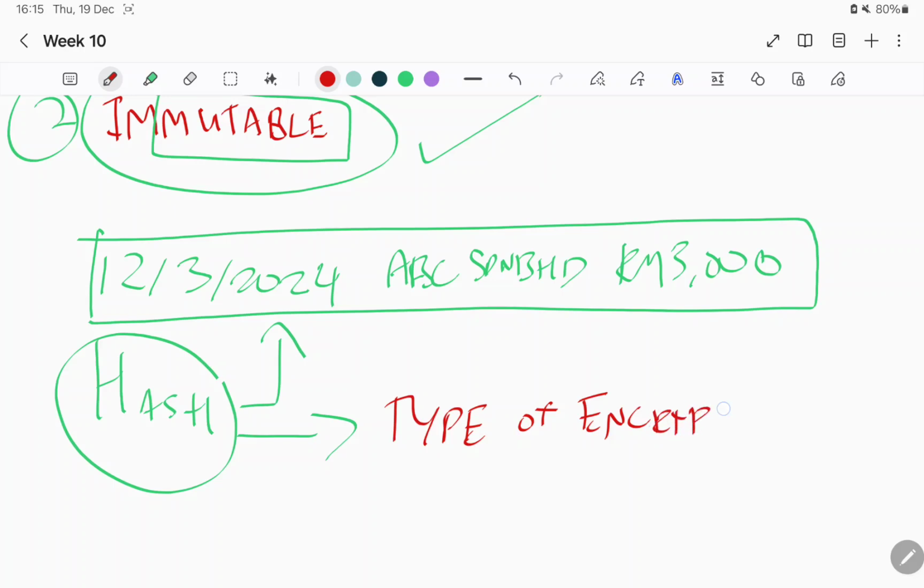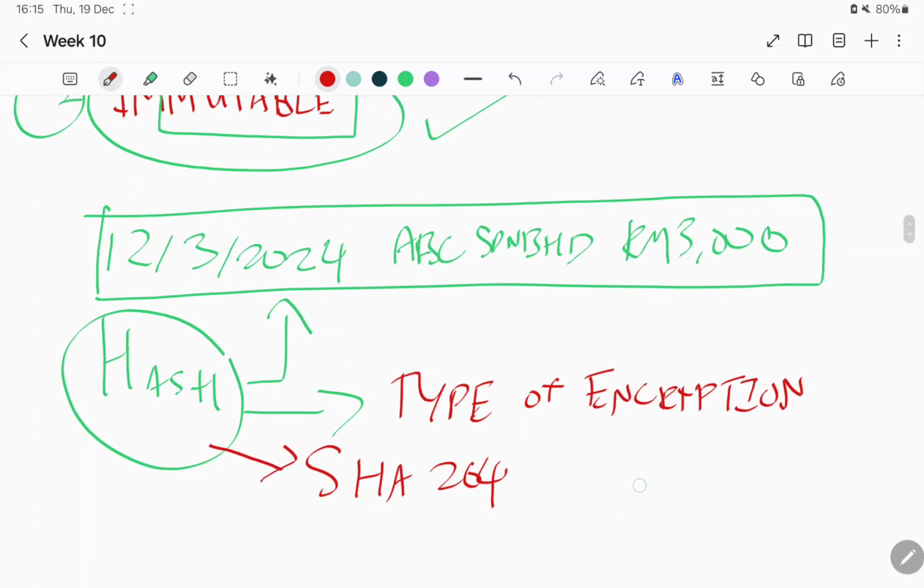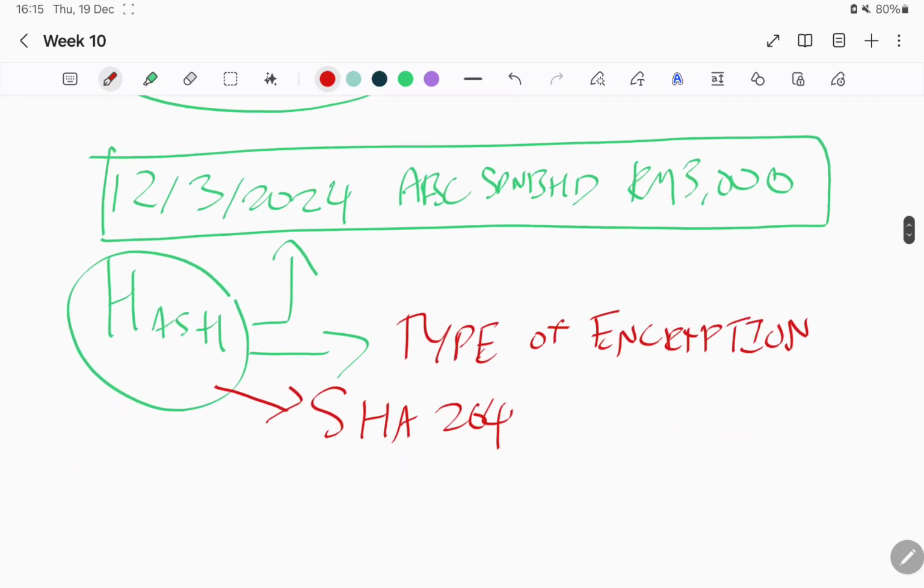It will encrypt this into, I think, SHA-256, a sequence of numbers and letters that you cannot read, maybe 6A, B, 3, 4, 5, 6, something like this.